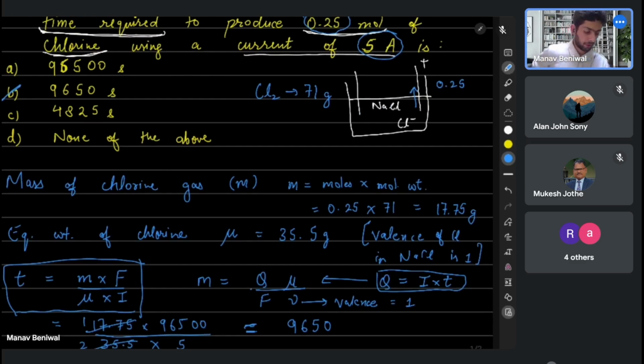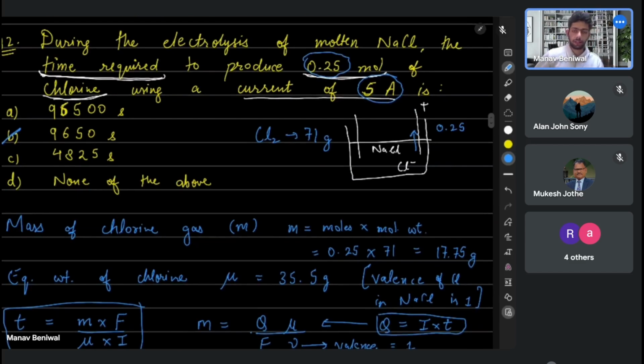So this problem gives us an idea that 0.25 moles of chlorine is not a very huge amount of gas. It is just a normal amount of gas. And if we use a normal current of, let's say, 5 amperes, which is not very high and not very low, then to produce only 0.25 moles of chlorine, this will take this many seconds.